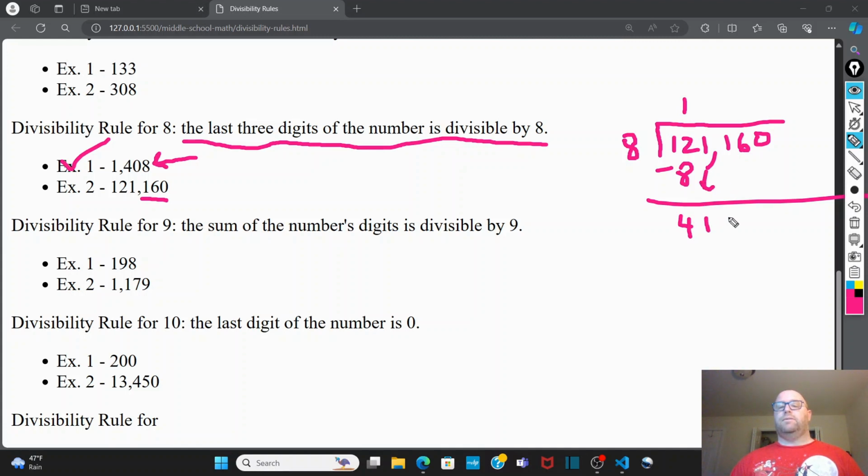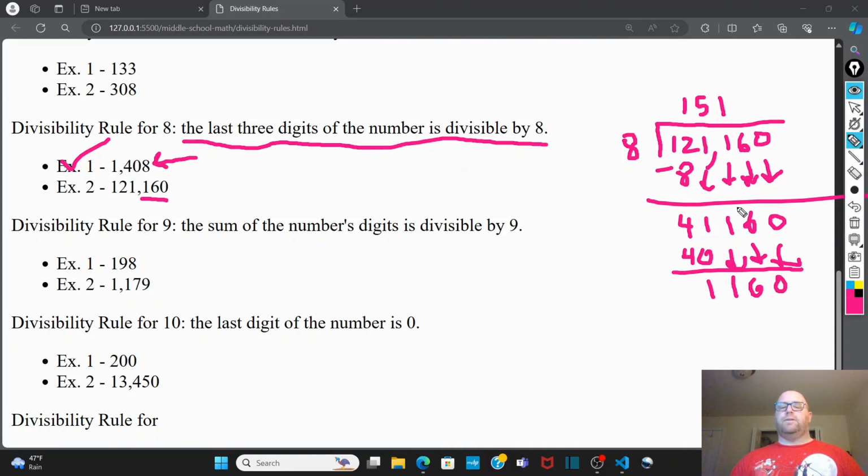So the 1, this 1, this 6, and this 0. 8 goes into 41 5 times. So 5 times 8 is 40. 41 minus 40 is 1. Bring down the 1, the 6, and the 0.